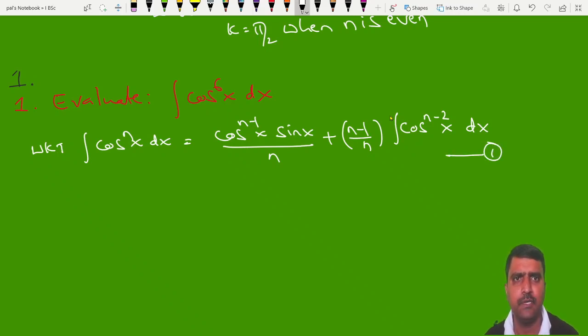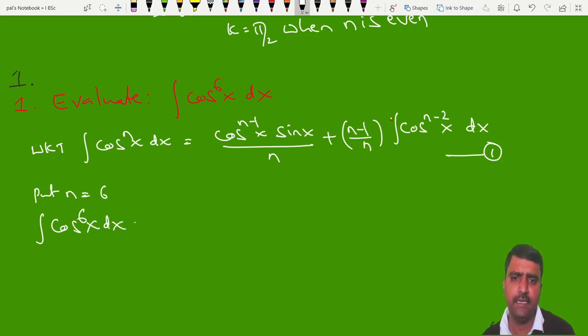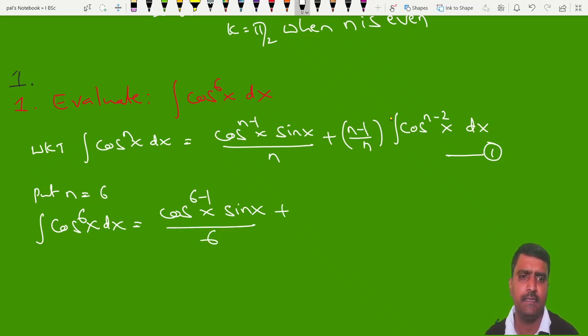We have written this using the formula we evaluated earlier. Okay, so what do we do here? Put n is equal to 6. So the integration of cos to the power 6 x dx is equal to cos to the power 6 minus 1 x into sin x divided by n value, which is 6, plus n minus 1 by n, which is 5 by 6, into the integration of cos to the power 6 minus 2, that is cos to the power 4 x dx.